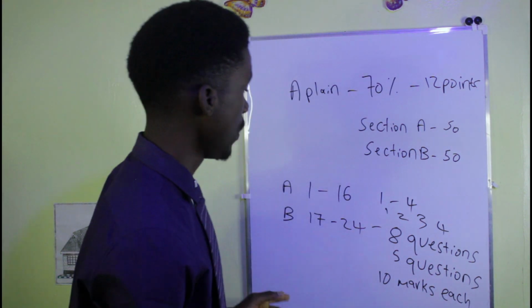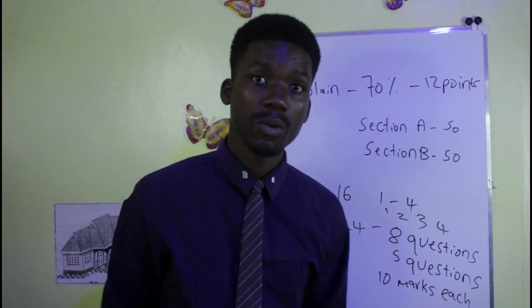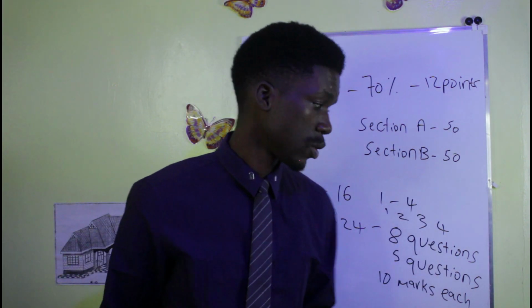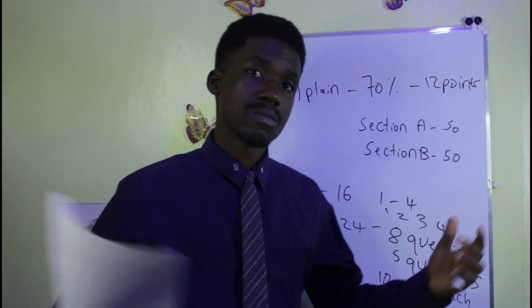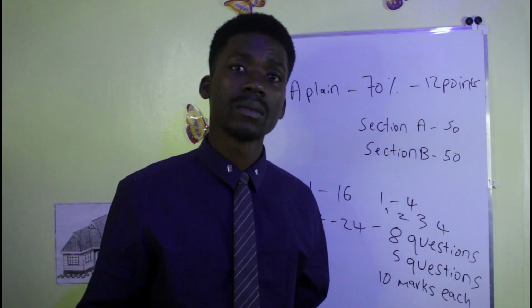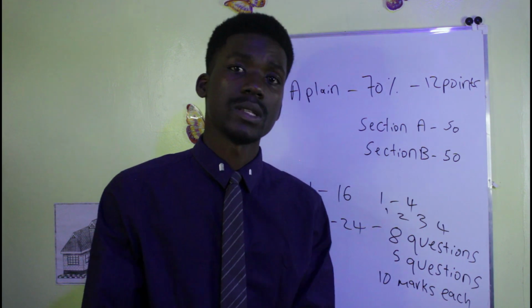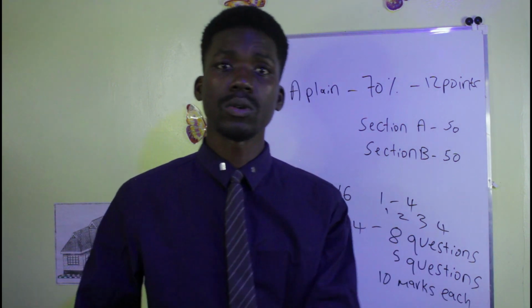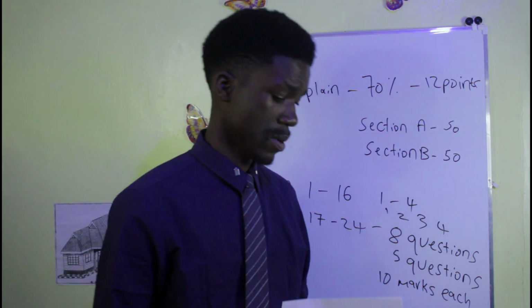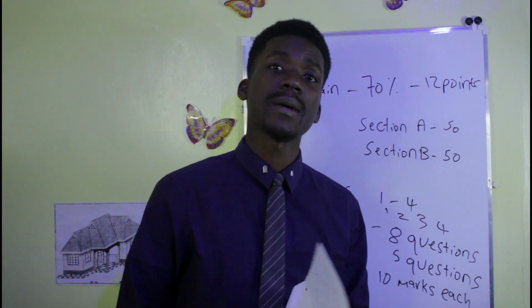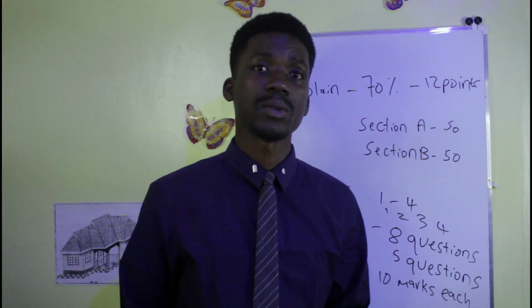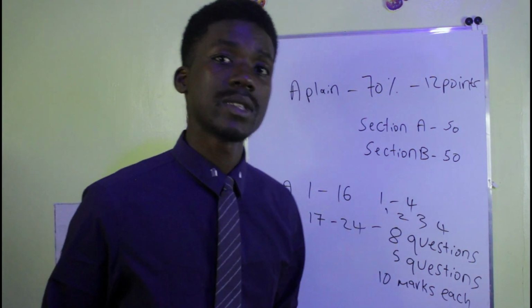So in section B, you are given freedom of choice to choose 5 questions out of 8. Section B is so easy because you do what you know. What you don't know, you leave it. So that's where I'm going to focus in today's episode, in today's series.